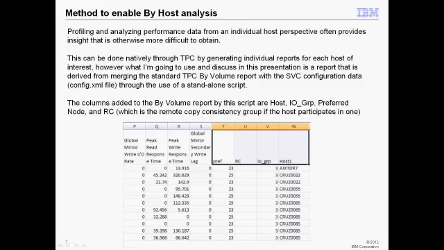The columns added to the by volume report by this script are host, I/O group, preferred node, and RC, which is the remote copy consistency group if the host participates in one. I'll tell you where you can obtain and how to use the script at the end of the presentation.